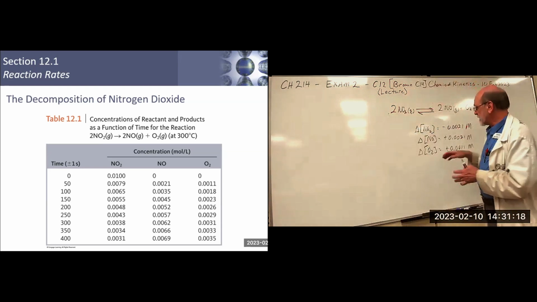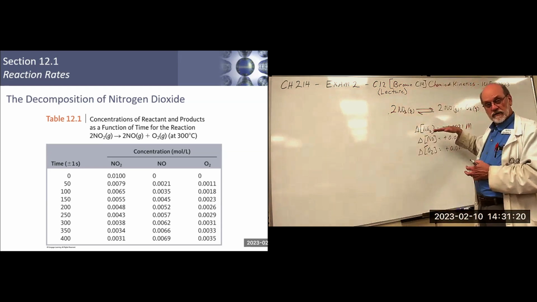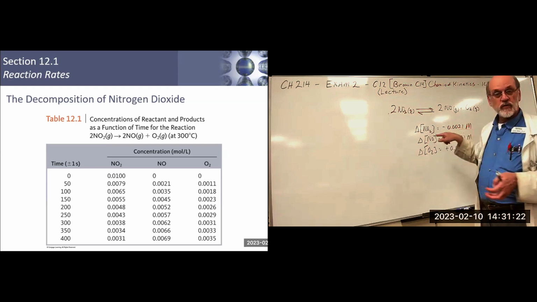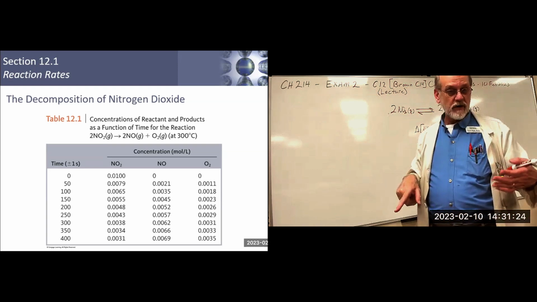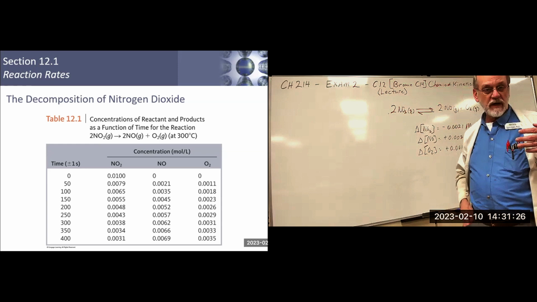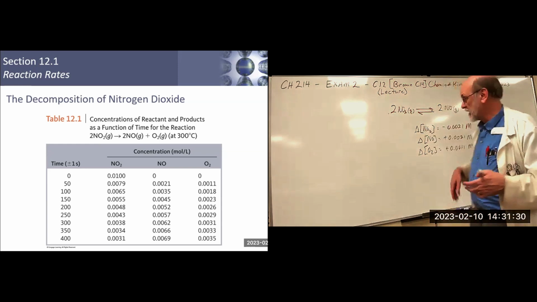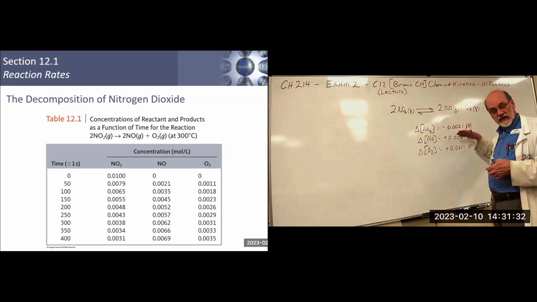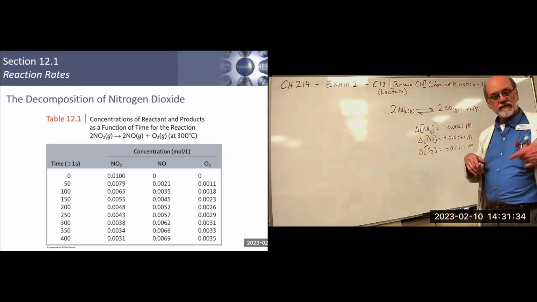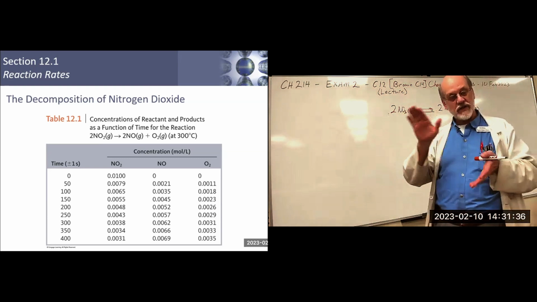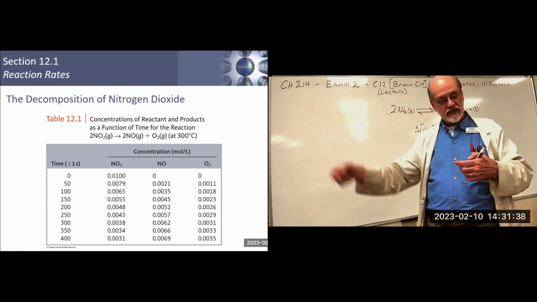Now, the difference, the first time interval has a change of 0.0021, but the second interval only has a change of 0.0014, right? So it's not the same change in the second time interval. Our rate is changing as time proceeds.